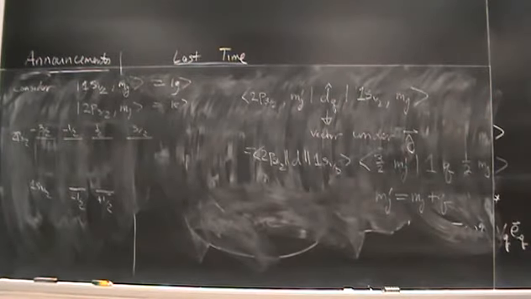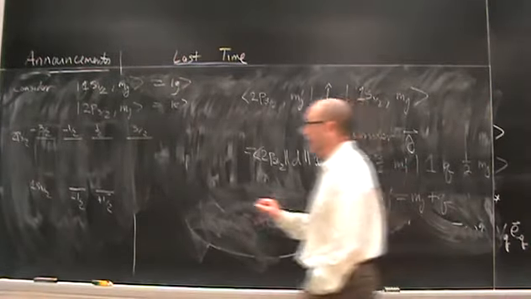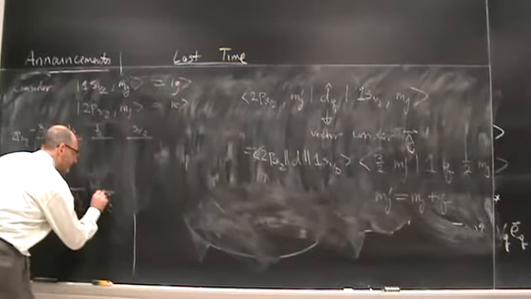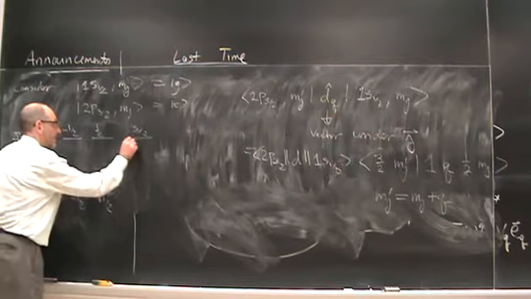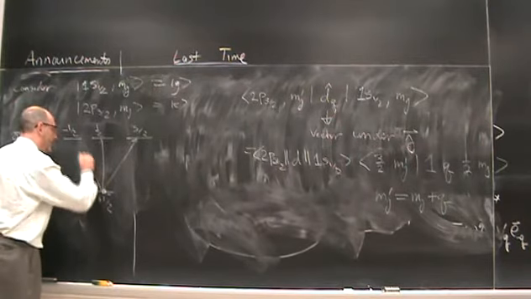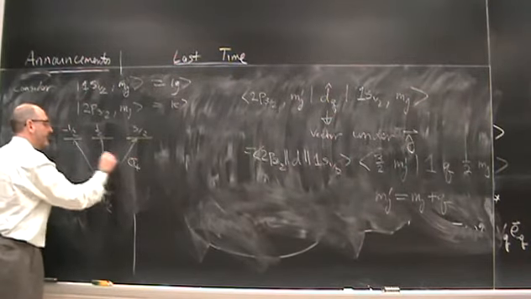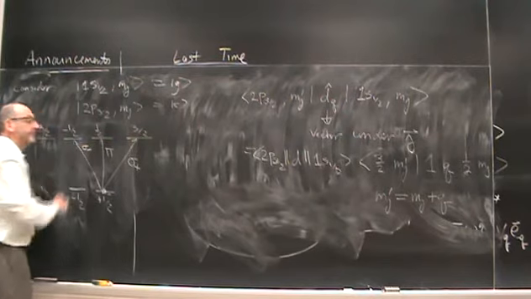Okay? So if I start here, what are the allowed possible final states I can drive? It depends on q, no? I can go here, here, or here if I have sigma plus, pi, or sigma minus.